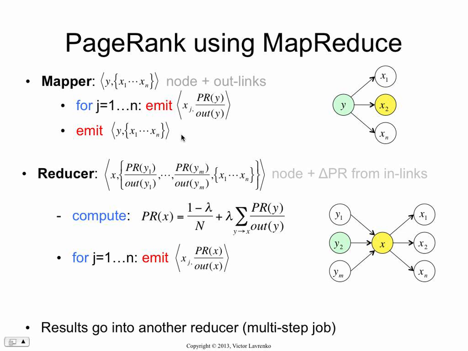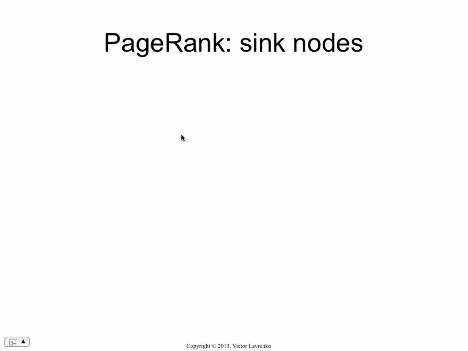Now you have this list, and you can just emit the same list for the future reducers to use. This way, you implement the entire thing in MapReduce, and you don't need to store the web in a single data structure. It lives distributively, so nice and beautiful. Okay, so that's PageRank in MapReduce.